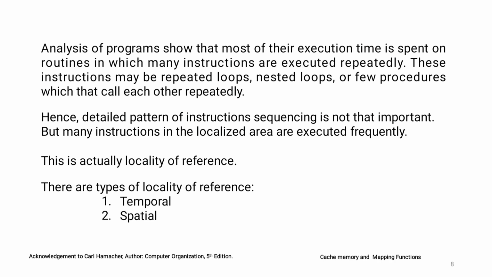Then the number of accesses that the processor has to make with main memory will be reduced, because everything is made available in cache. That is locality of reference, one with respect to temporal, another with respect to spatial. This property of programs the cache mechanism uses. Then only it can reduce the access time and hence increase the speed of the computer.